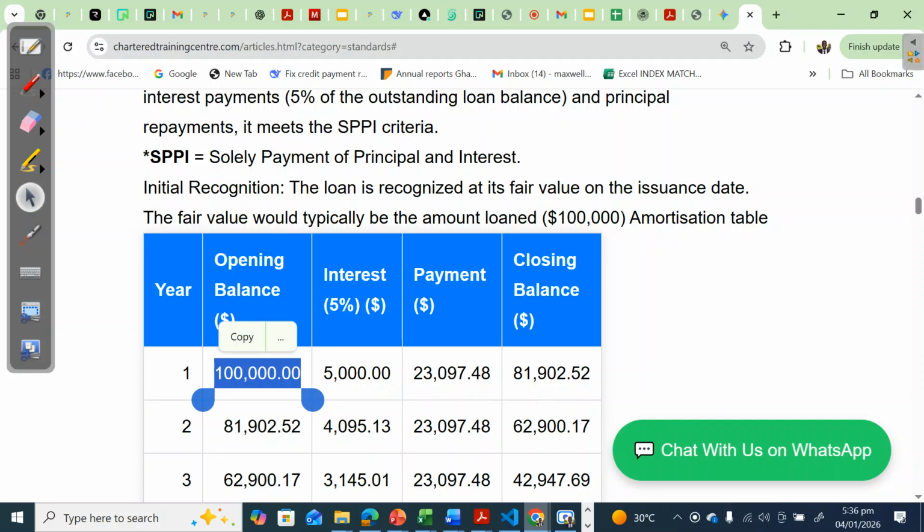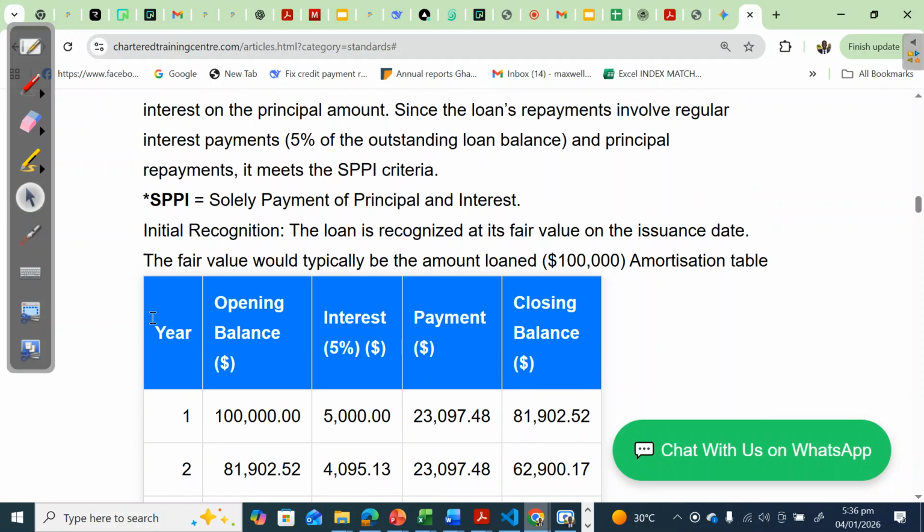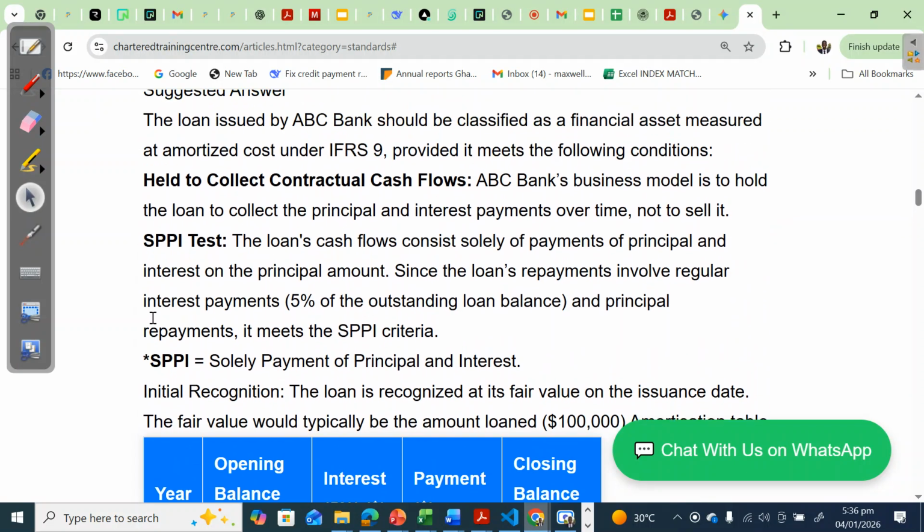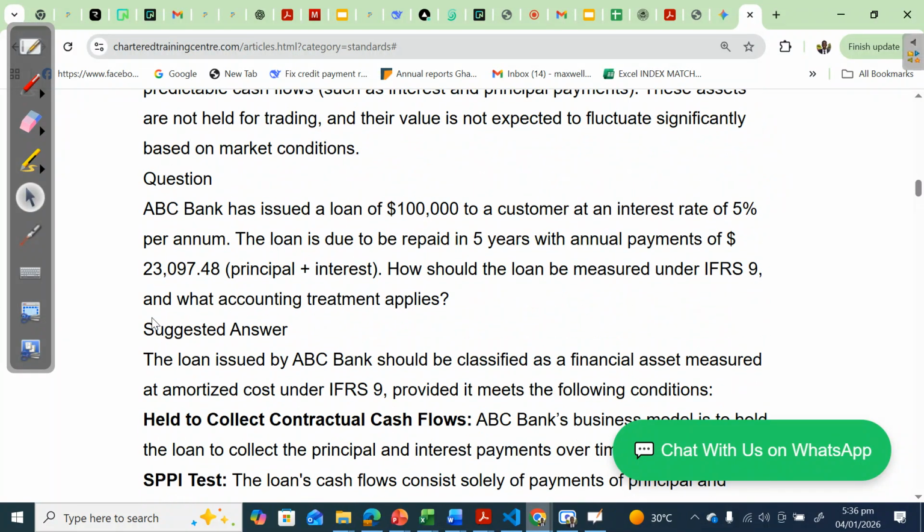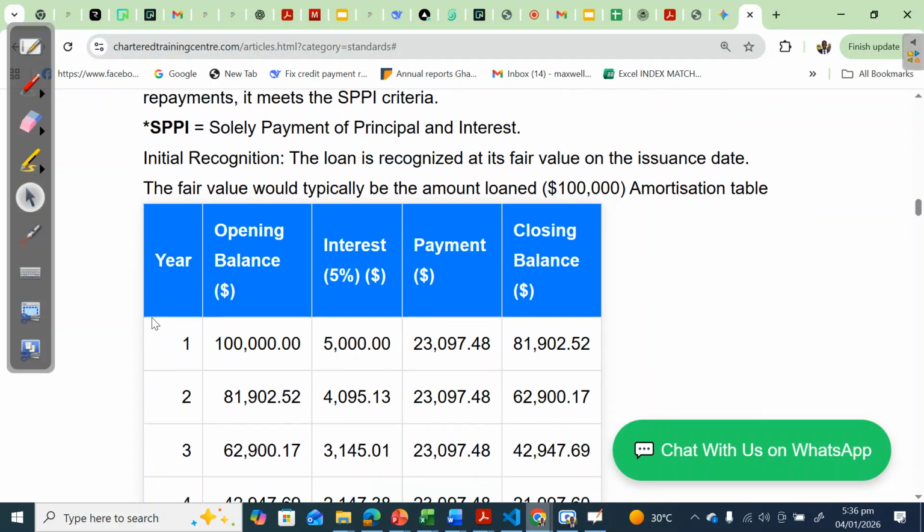As for the payments, it's constant every year. Every year they are supposed to pay this. Then the closing balance. This closing balance will become the new opening balance for year two. Then we apply the interest on it, then the payments and the closing balance.